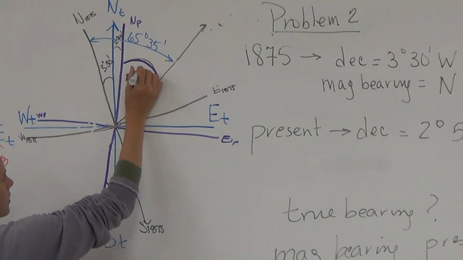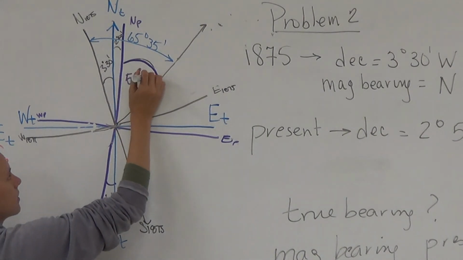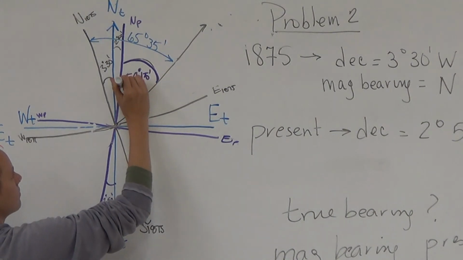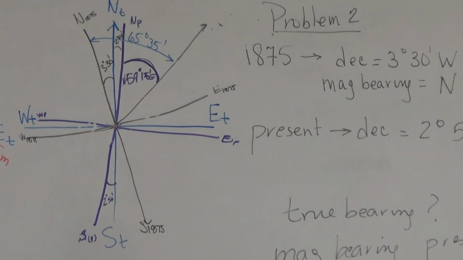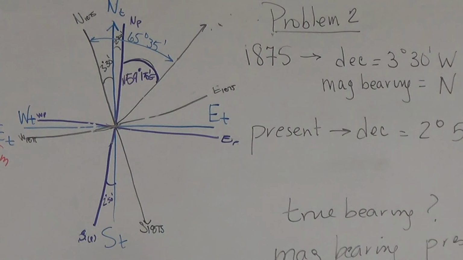Great. Okay, good. So that would be, what is that the answer of? That would be the magnetic bearing presently. So then to get the true bearing, you just add the 2 degrees 50 minutes. Why don't you just put the answers right next to the questions?